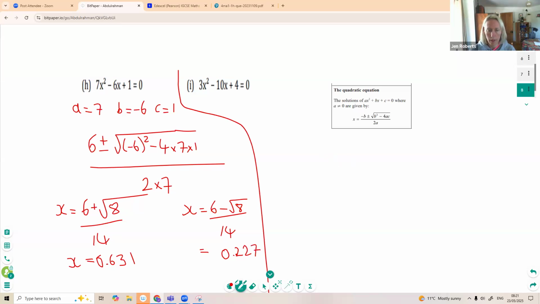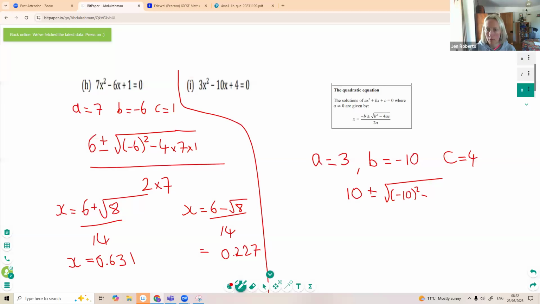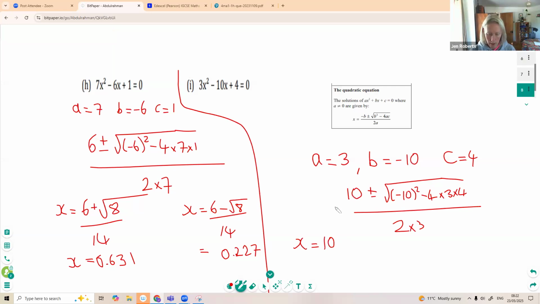Okay, and this last one, a is 3, b is negative 10, c is 4. So you've got minus minus 10, plus or minus the square root of bracket negative 10 bracket squared minus 4 times a times c, all over 2 times 3. So one of your solutions, 10 plus root 52 all over 6.